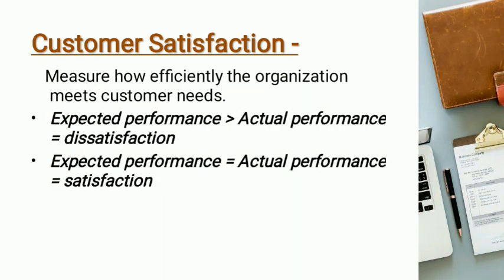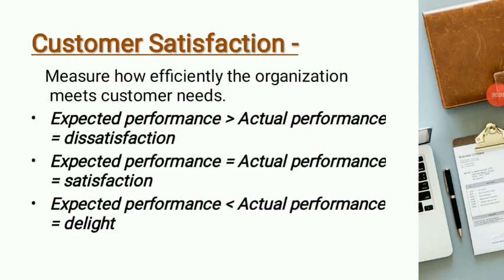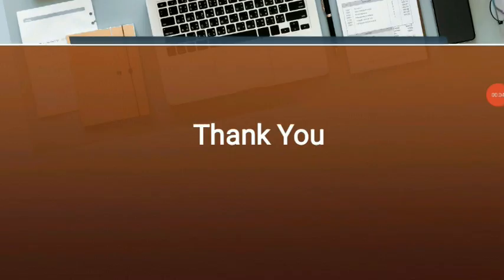If expected performance by the customer is equal to actual performance by the seller, it is called satisfaction. And if actual performance by the seller is greater than the expected performance by the customer, then that is called delight satisfaction. So these are the three main types of satisfaction.